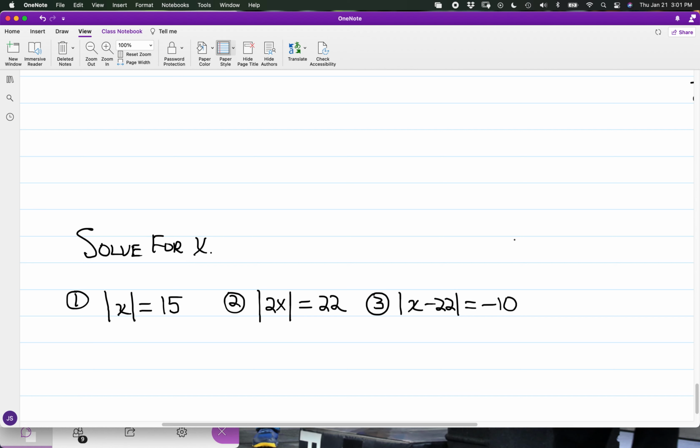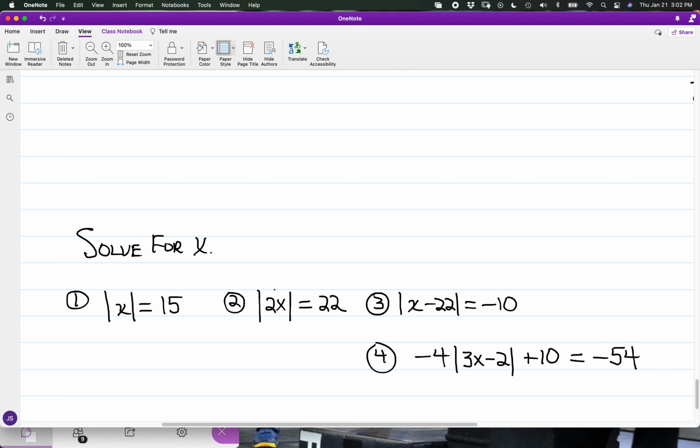And as a fourth case, we have -4 times the absolute value of 3x minus 2 plus 10 is equal to -54.